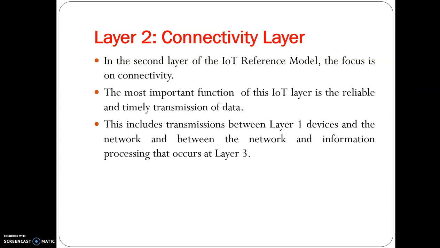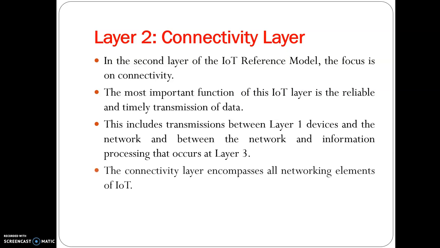More specifically, this includes transmission between layer 1 devices and the network, and between the network and the information processing that occurs in layer 3. That is, from layer 1 to layer 3, the connectivity layer sits between these two. The connectivity layer encompasses all the networking elements of the IoT.